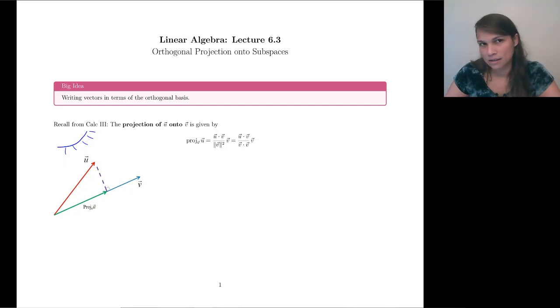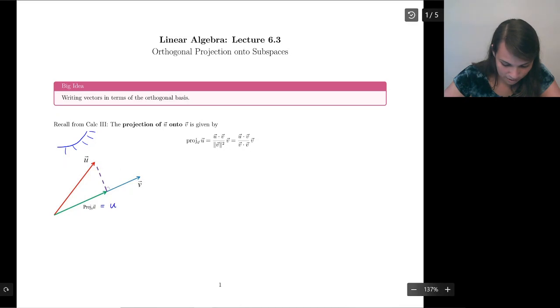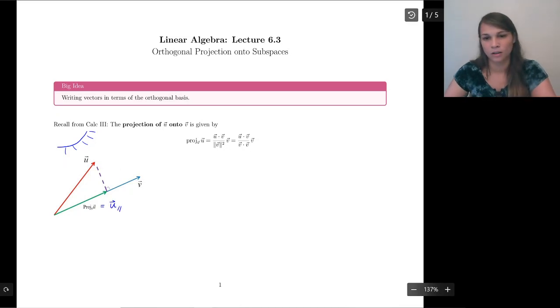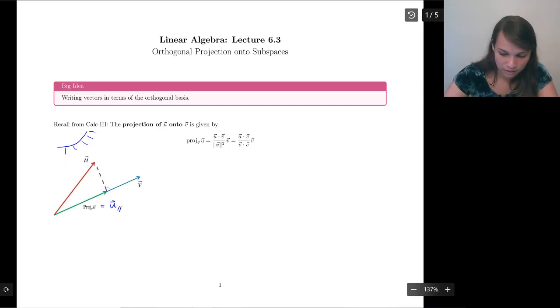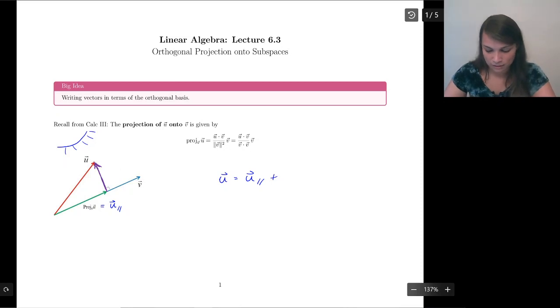Another way to think of it is this is the part of U that is parallel to V. So we can call him U parallel. But then that's not all of U. If U has a parallel bit, how do we get back to U? Remember that by definition of projection, the vector connecting these two tips is perpendicular.